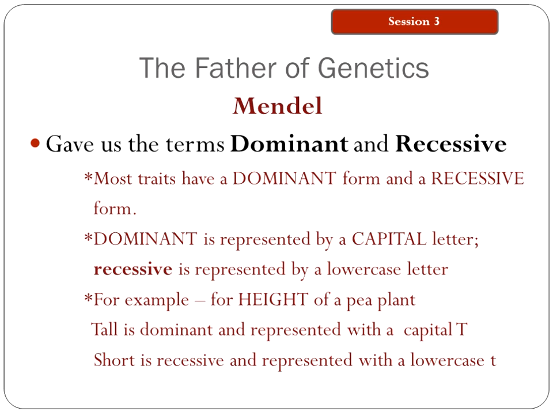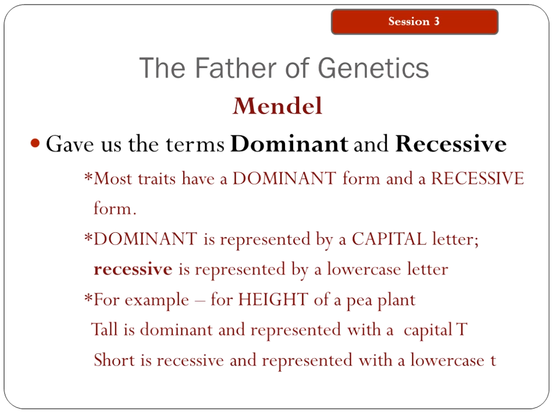When we write this out, for instance tall versus short in pea plants, tall happens to be the dominant form. It's the one that overpowers. So we would represent that with a capital T because it's dominant.